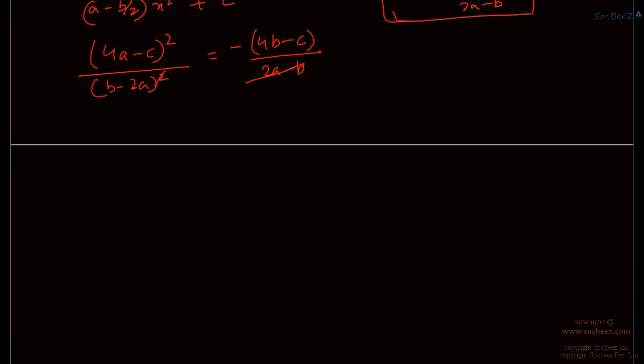Okay, so I have 4a minus c whole squared. That gives me, on expanding, 16a squared plus c squared minus 8ac. And now on the negative side, on the right hand side, I have 4b minus c into b minus 2a.